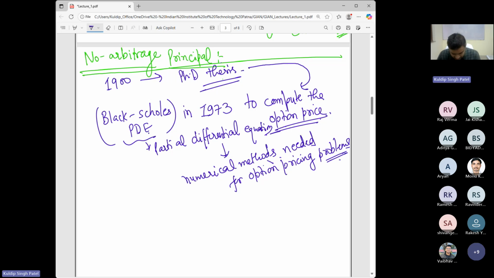Is everyone convinced? In option pricing we get partial differential equations, partial integro-differential equations, or systems of partial differential equations which we cannot solve analytically. So numerical methods are needed to solve those equations.